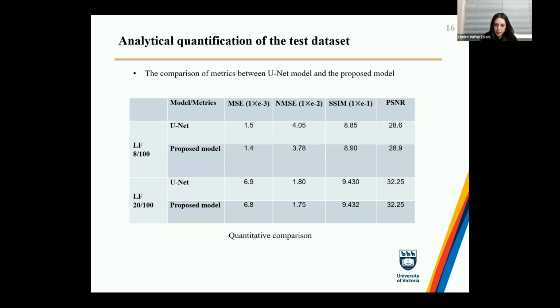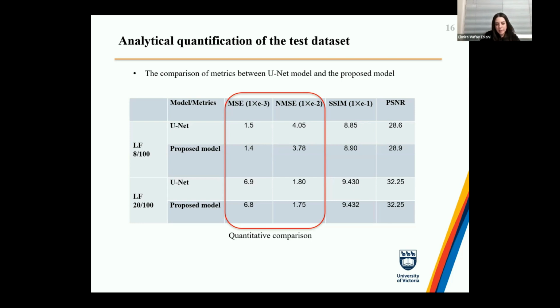So here you can see the quantitative comparison, and again we compare U-Net with the proposed model in these 4 metrics. In this table we also provided some information, and we implemented low frequency 20% as well. For MSE and NMSE, as we said, the lower the value, the better the quality of the image.